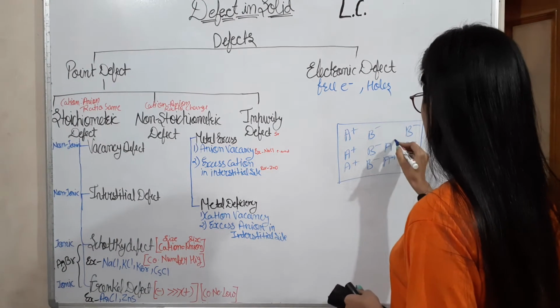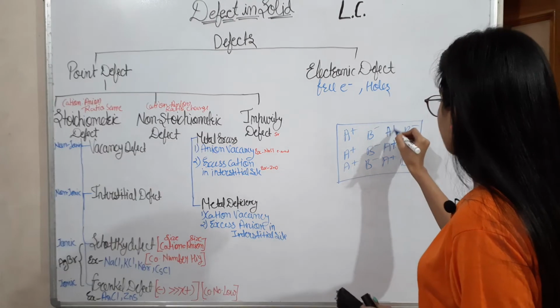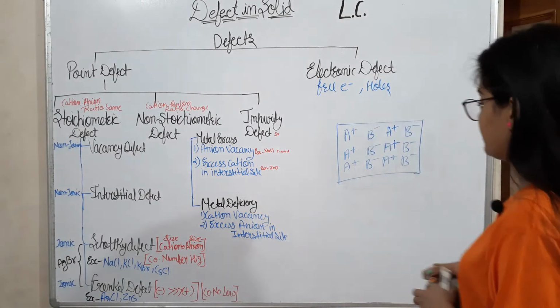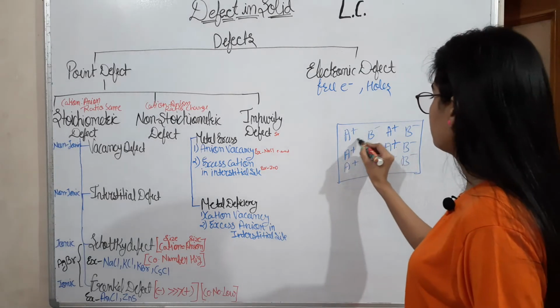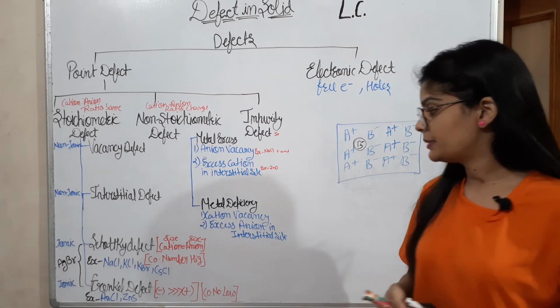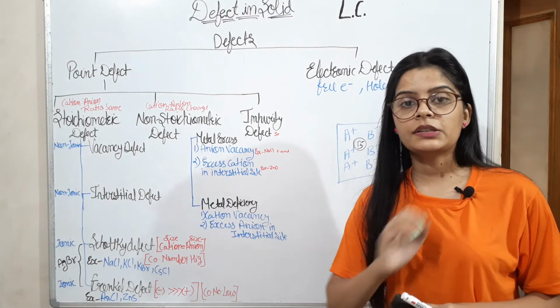Now we will look at excess anion. It means anion numbers are increasing. Here the anion increases, it means an additional anion has come into an interstitial site.